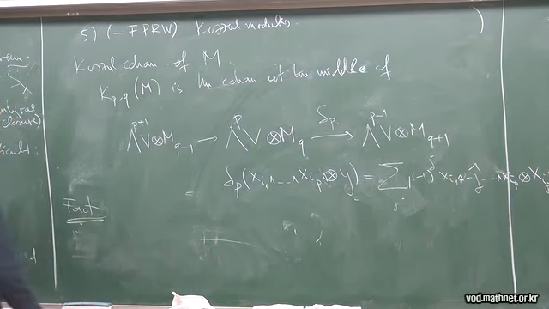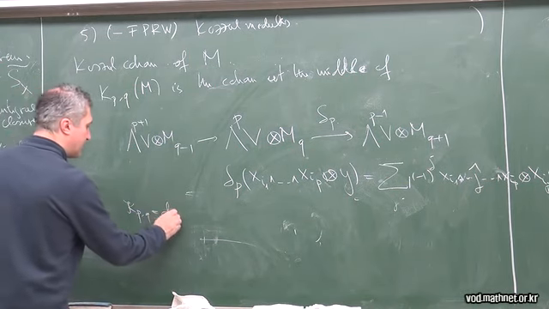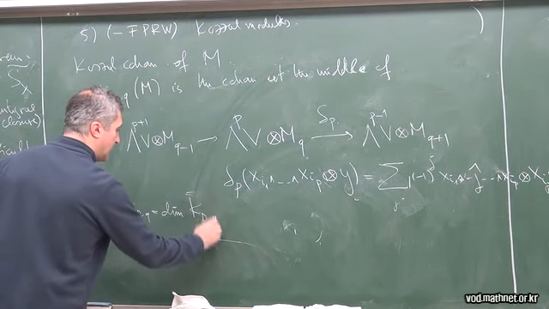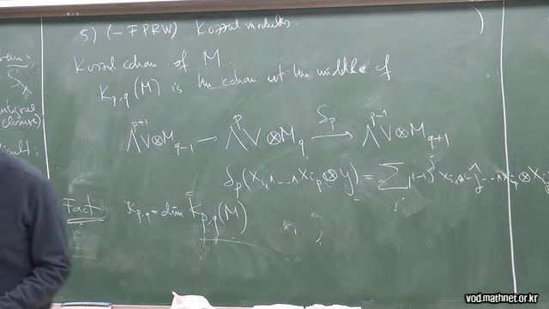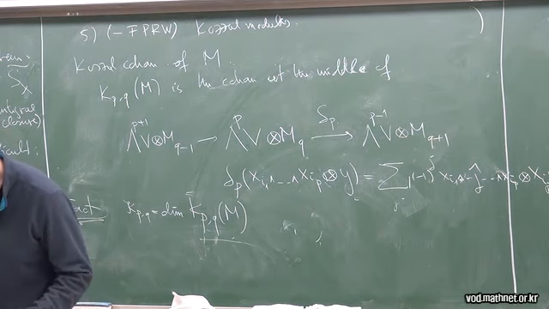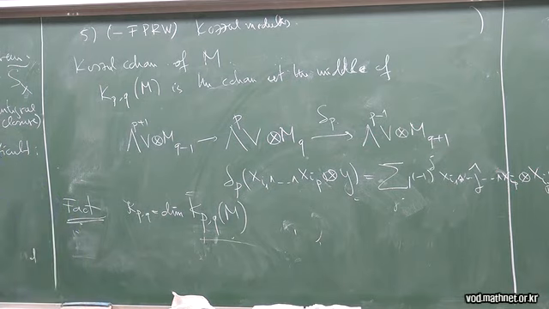So the fact is that the graded Betti numbers are actually dimensions of this Koszul cohomology, Kp,q of M.